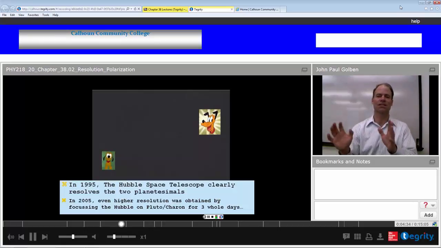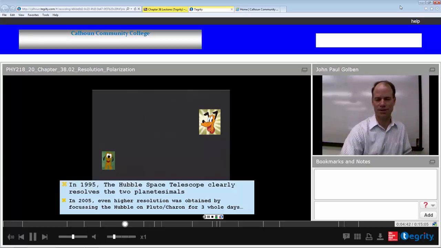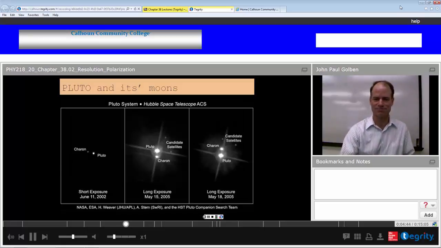You can clearly see now the features of Pluto, the character Pluto and his little friend Charon at this point, at the highest resolution. No, actually, this is what they came up with. You can see Pluto, Charon, and they actually discovered 2 other candidate satellites, which eventually they called moons. So Pluto at that point was shown to have actually 3 moons.